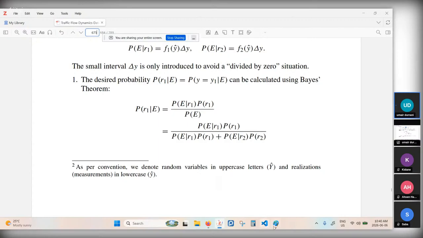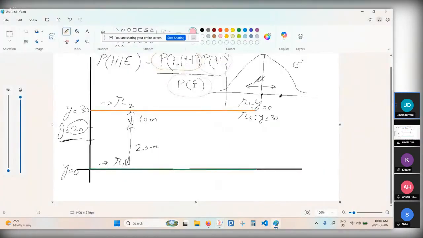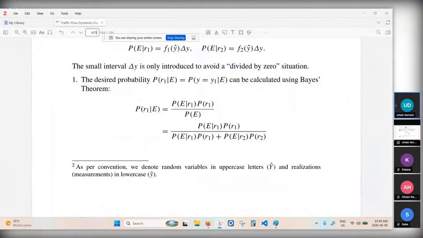The same thing that I put here as hypothesis and evidence is now shown here. You have the probability of the evidence, getting the coordinate y hat equal to 0, given that you are on road segment 1, multiplied with the probability of road segment 1, divided by the probability of the geographic coordinates that we got.